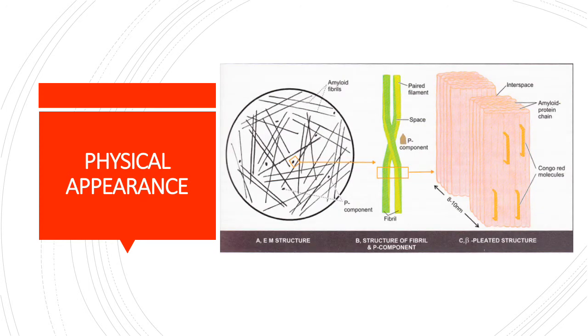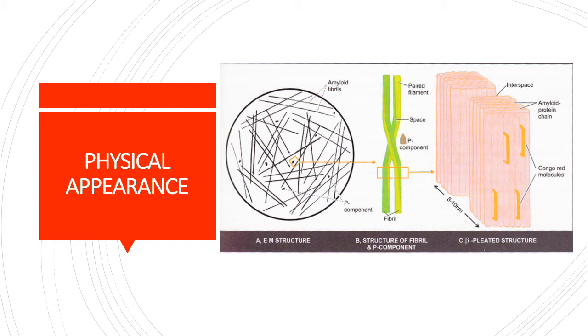Here you can see the electron microscopic structure where you can see straight fibrillary proteins. These are the amyloid fibrils, which form 95% of the amyloid proteins, and here is the structure of the fibril, where you can see they are wound around each other. This is called the beta pleated structure, which is responsible for the apple green birefringence on polarizing microscopy.